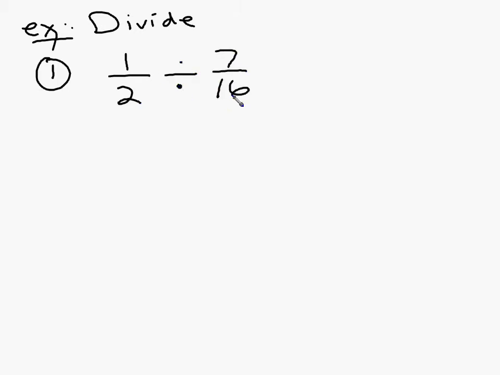You're going to be asked to divide. And let's say, we'll just start with an easy one. 1/2 divided by 7/16. Now in your notes, make sure you have the original problem written down. Okay? And make sure that we show that we are going to rewrite this thing.